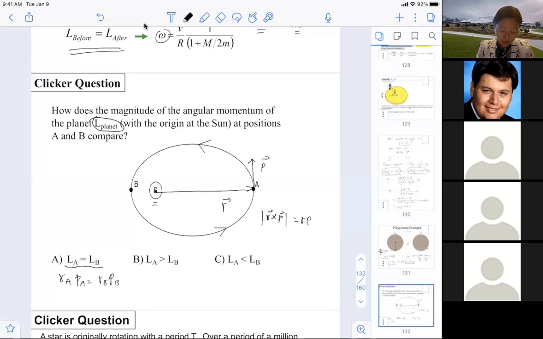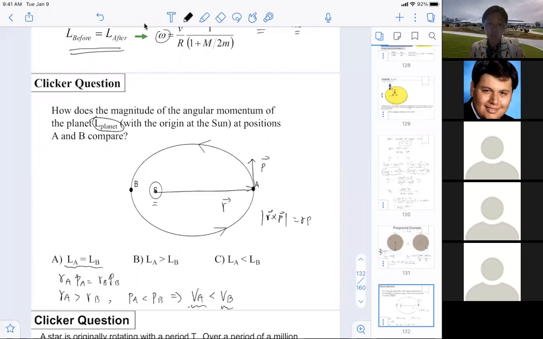Okay. Now, r_A is larger than r_B, r_A is further, so p_A is less than p_B. Which means, you're talking about the same object, right? The mass is the same, velocity A is less than velocity B. So when you are closer to the sun, you're moving faster than when you are further away from the sun.